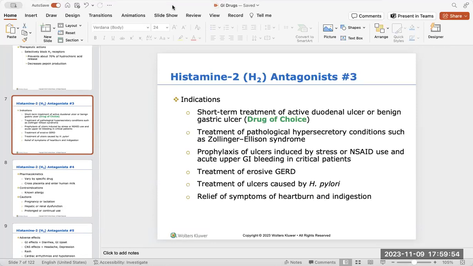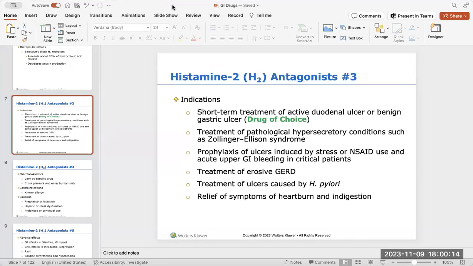And NSAIDs are going to be pretty much in all of these classes as contraindicated because NSAIDs can promote bleeding and GI ulceration. So these drugs can actually help if someone had NSAID-induced ulcerations.